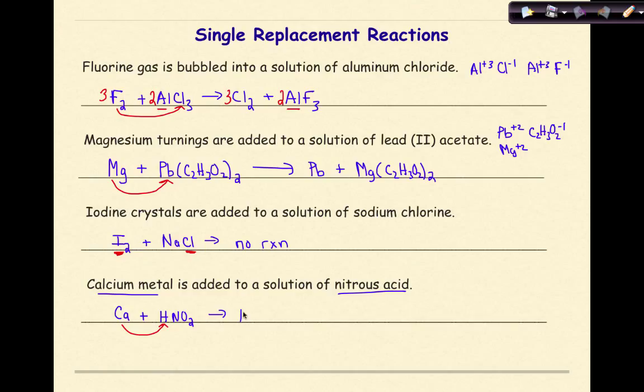So hydrogen gas will be released. This is going to be Ca(NO2)2. Going back to balance, I have 2 nitrite ions over on this side, so I'm going to put a 2 in front of here. The Ca is already balanced, and by putting the 2 in front of the HNO2, my hydrogens are balanced.